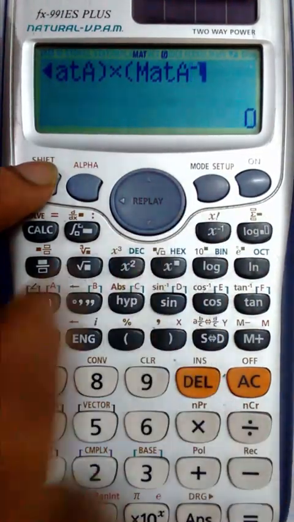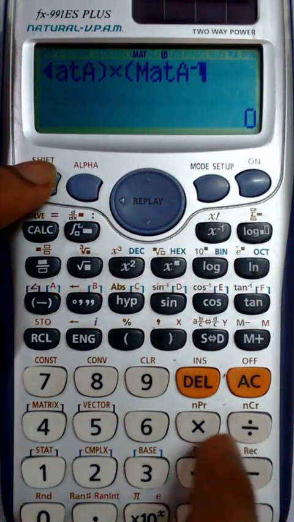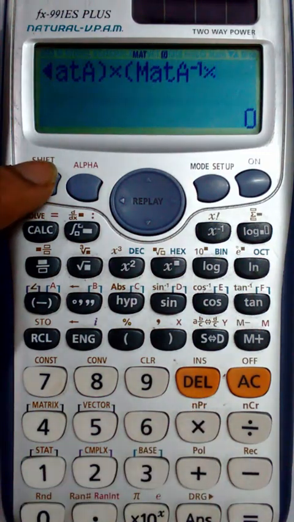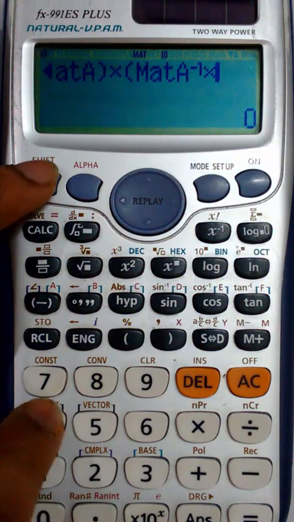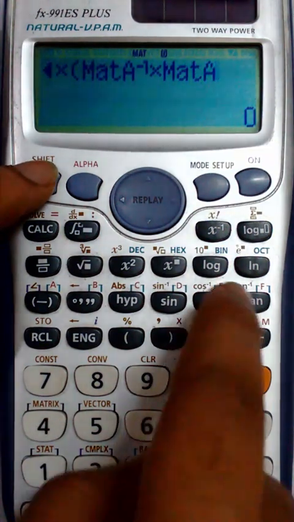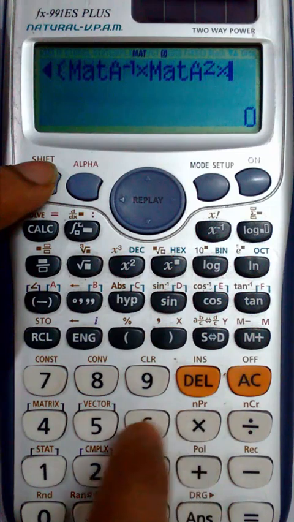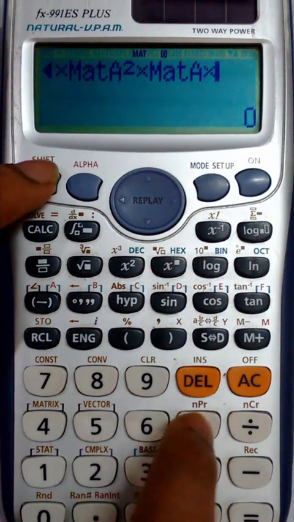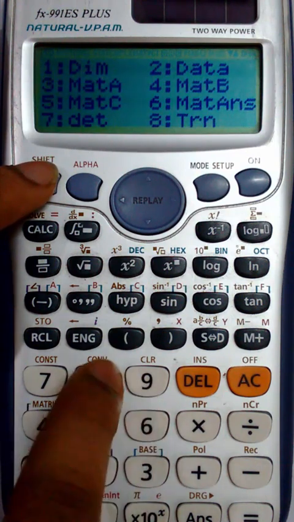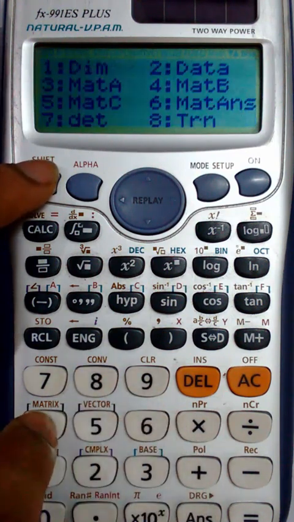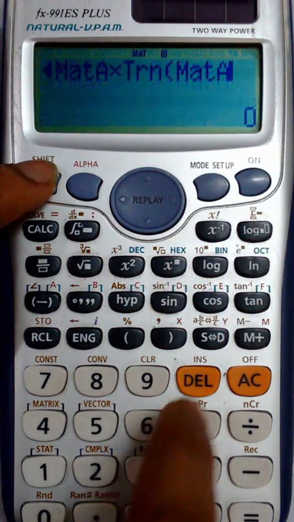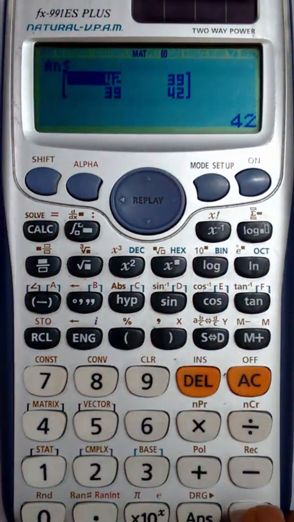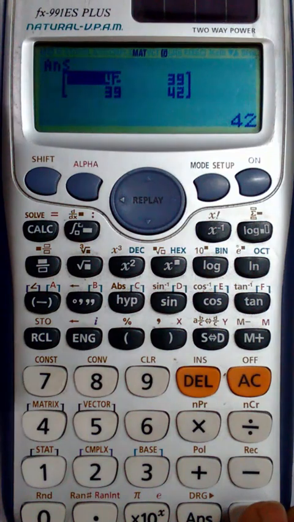We have to use this inverse result, then shift matrix square into shift matrix A into shift matrix transpose shift matrix A. You can see the result is 42, 39, 39, 42, which is the required result.